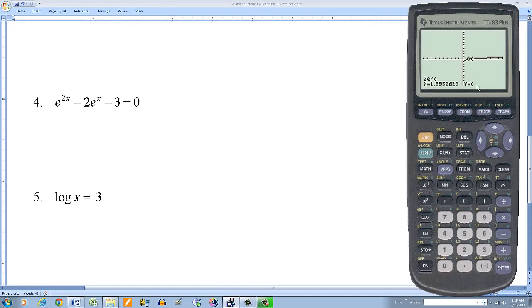Notice that y equals 0, so this again confirms that this is a 0. So the solution to this equation is 1.995 to 3 places.